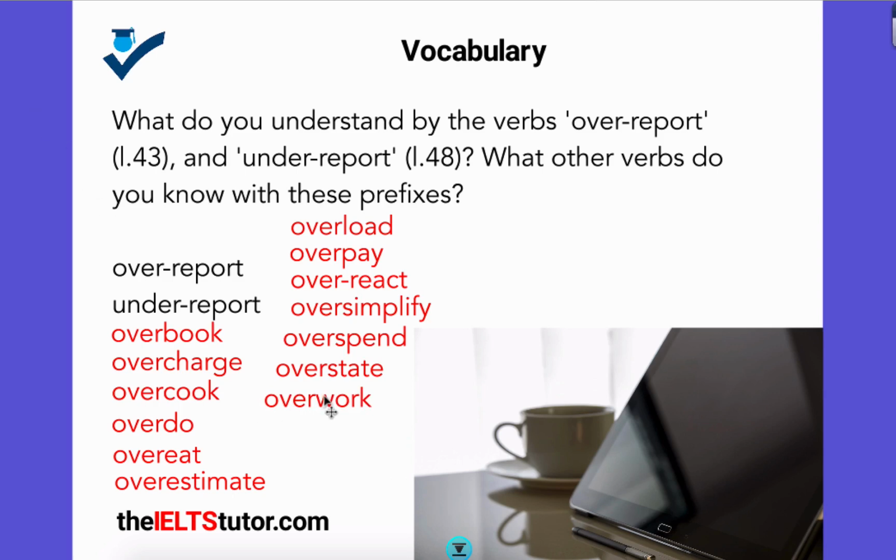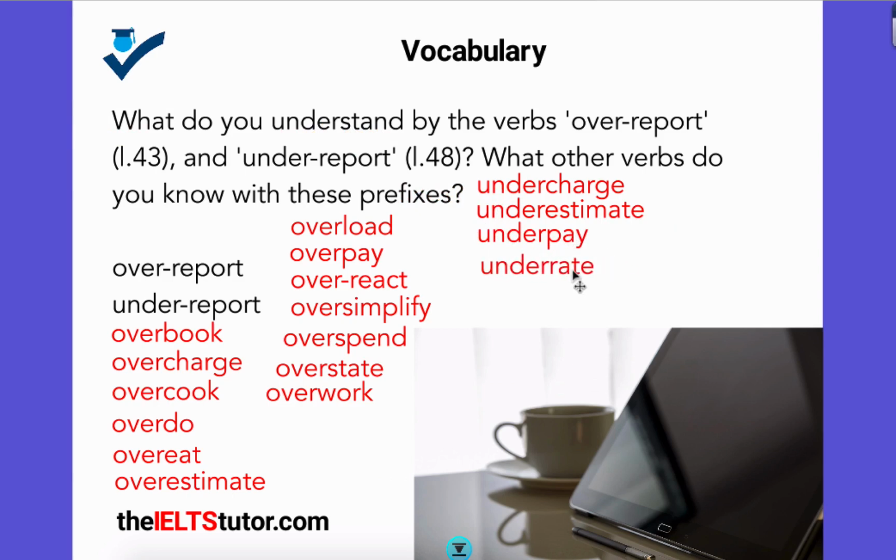Or don't overwork yourself. This is something that you can use to advise someone. And then we have undercharge, which is the opposite of overcharge. To charge very little for something. Underestimate, opposite of overestimate. Underpay. Okay, and then we have underrate.